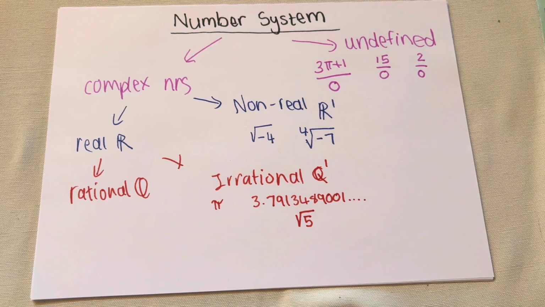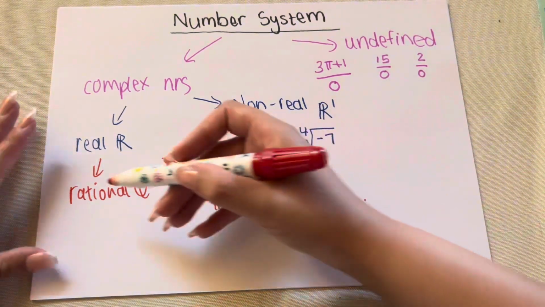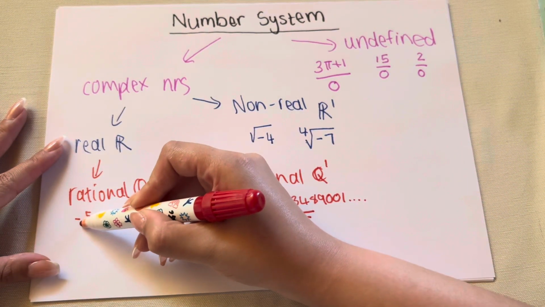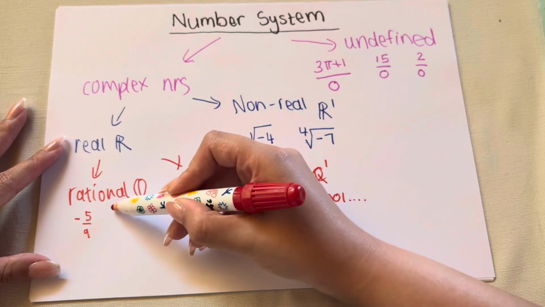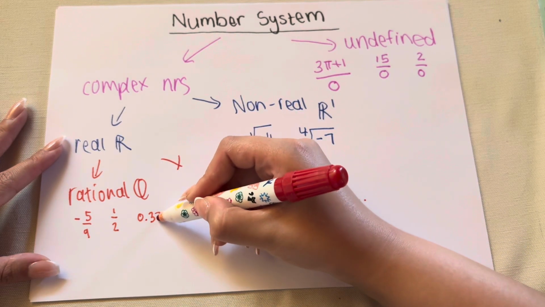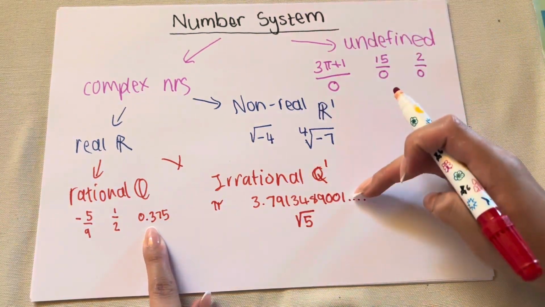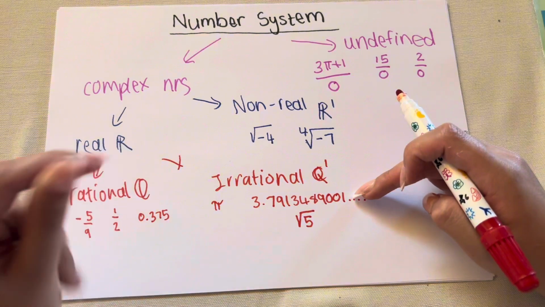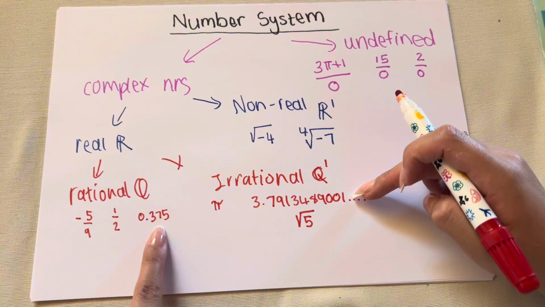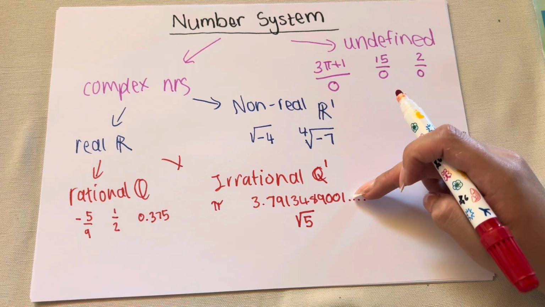While rational numbers are any numbers which can be expressed as a fraction. For example, negative 5 over 9, 1 over 2, or 0.375. Okay, now what's the difference between this decimal and this one? Can you see this one has an ending? This is called a terminating decimal. To terminate means to end. So it has an ending over there.